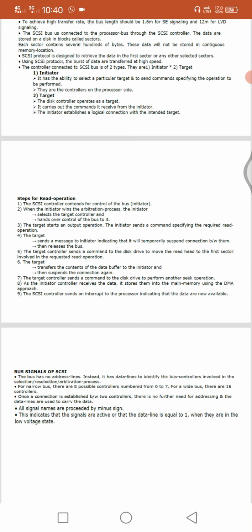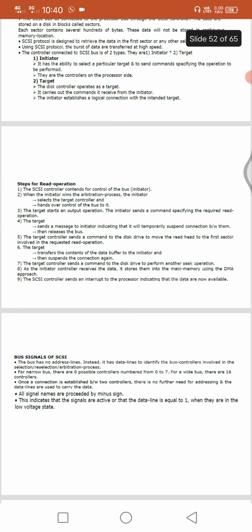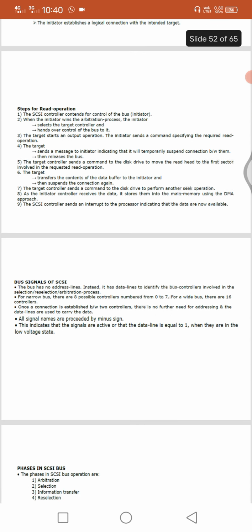The SCSI controller sends an interrupt to the processor indicating that the data are now available. After finishing the previous process, the SCSI controller sends an interrupt to the processor indicating that the data we required are now available.